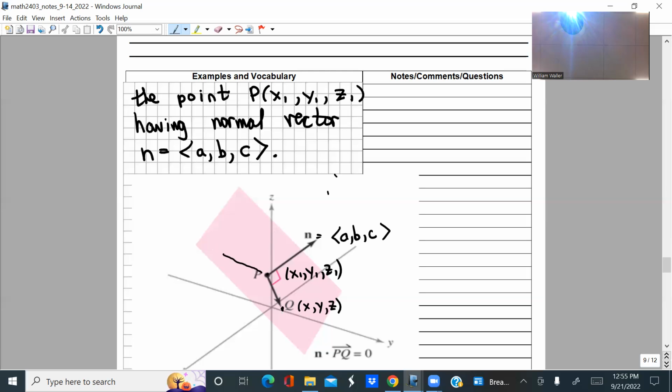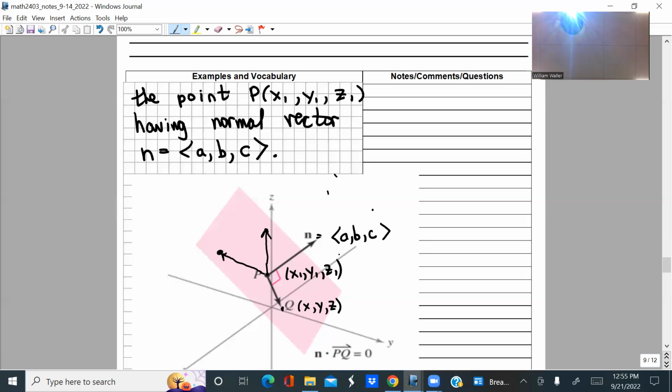That's a variable point. In this drawing, we've drawn it down here. So we have this variable point Q, this fixed point that we're given, P, and this normal vector is given.